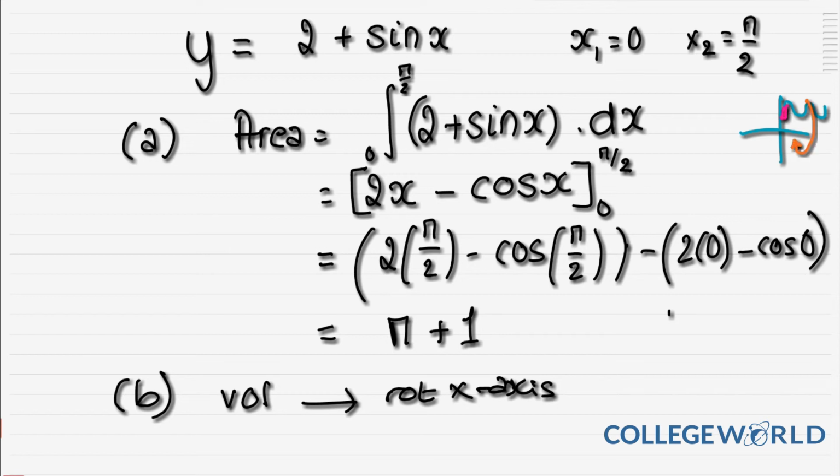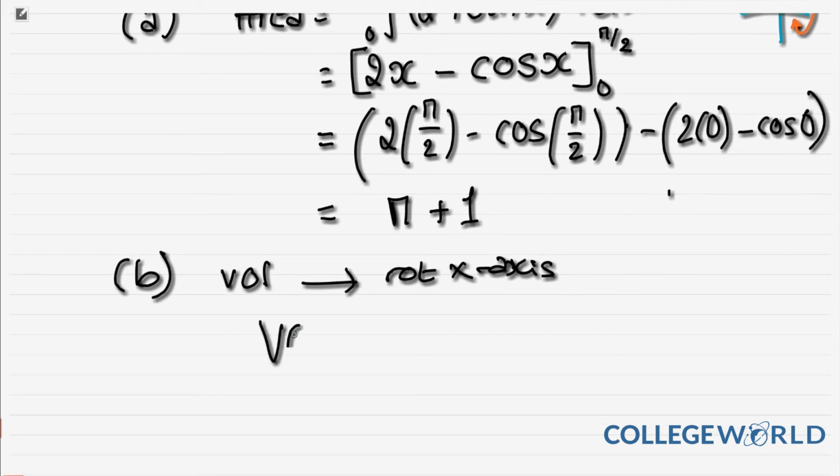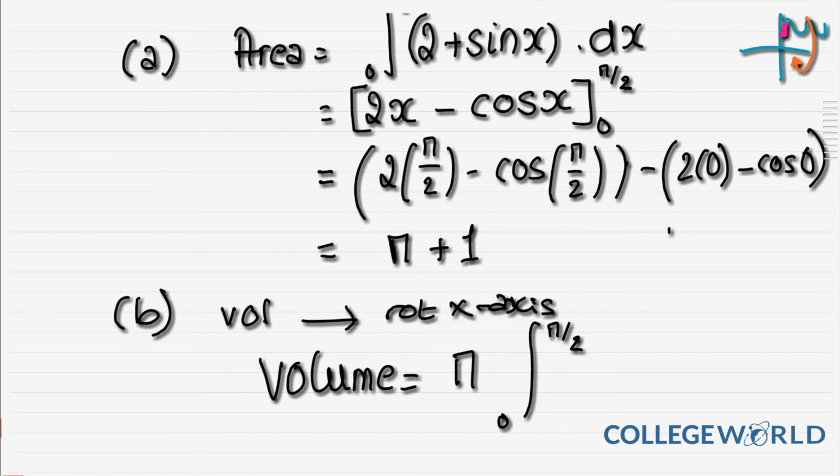So we're going to apply our volume equation, which gives us pi times the integral from 0 to pi over 2 of y squared this time, so it's 2 plus sine x all squared.